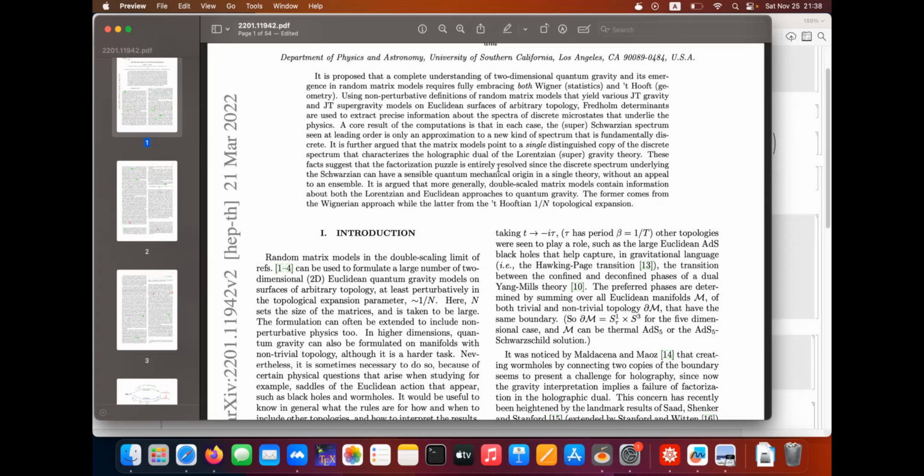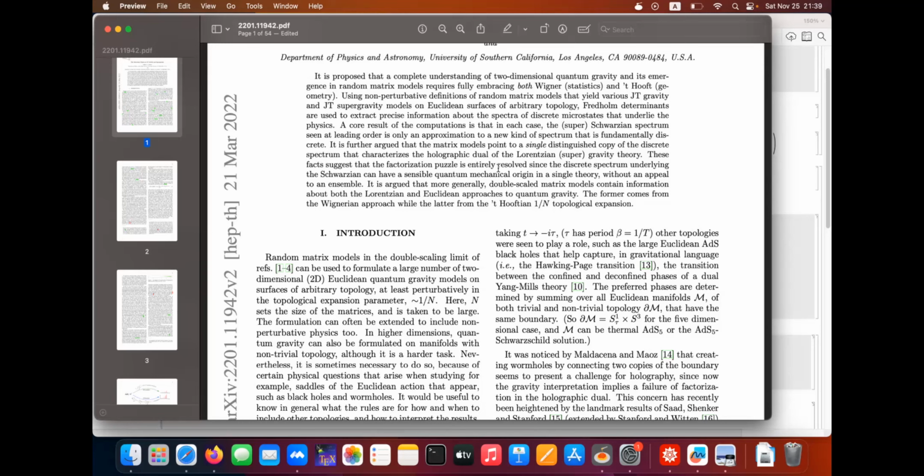Then for each genus we attach a factor e to the minus S0.